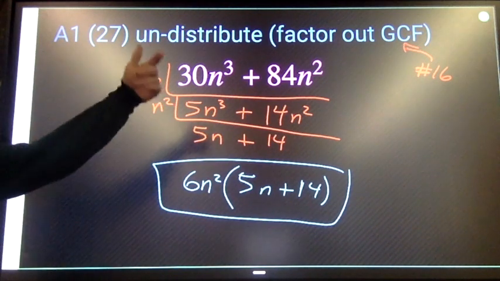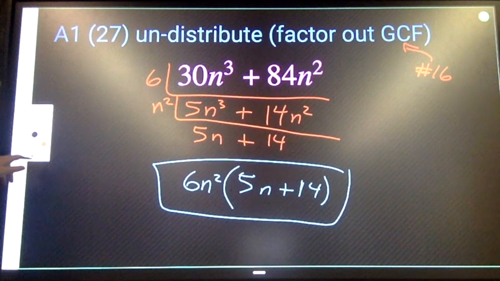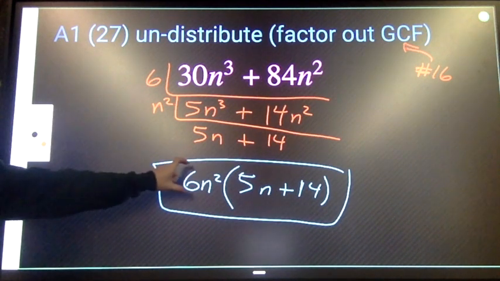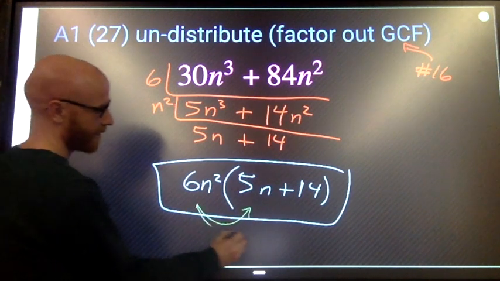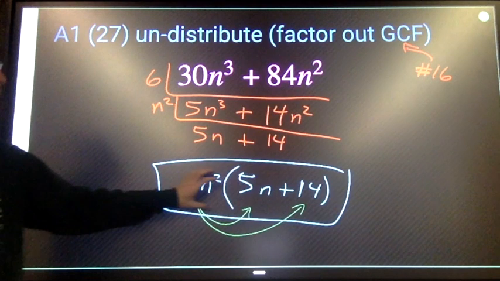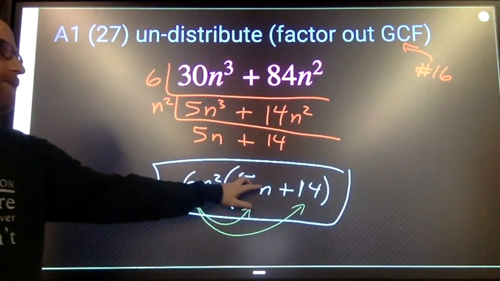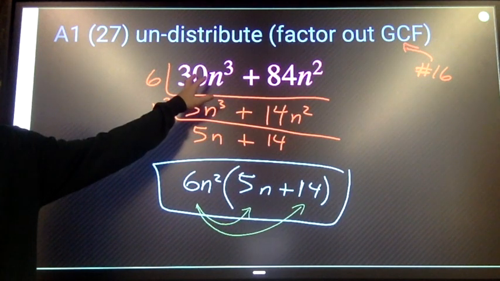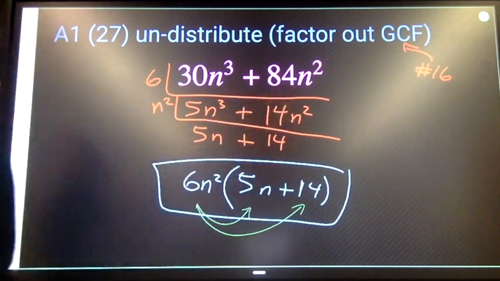I also call this topic undistributing. If you remember back from lesson 23, the distributive property would say multiply 6n squared times each of the things inside of there. If you were to distribute 6n squared, you would get this back. 6n squared times 5n is 30n to the third. 6n squared times 14 is 84n squared.